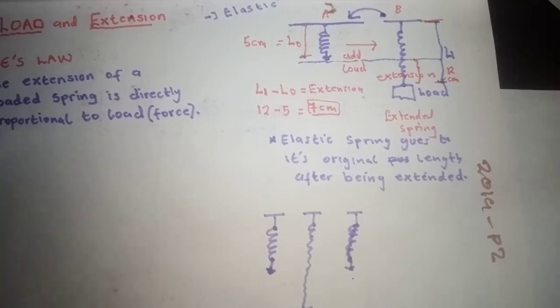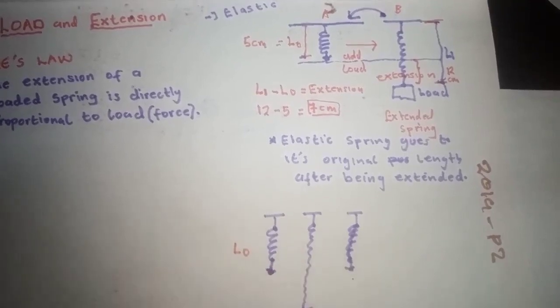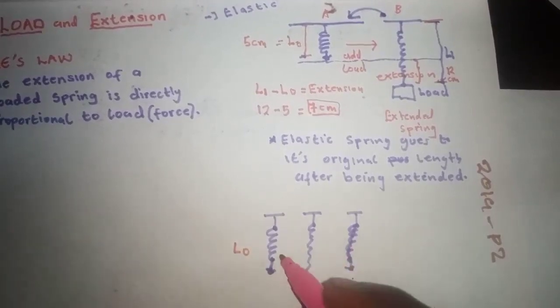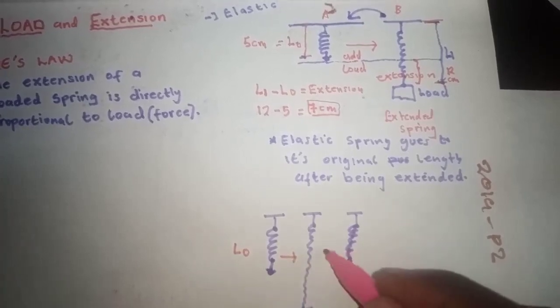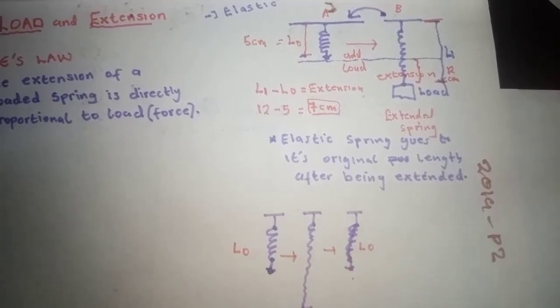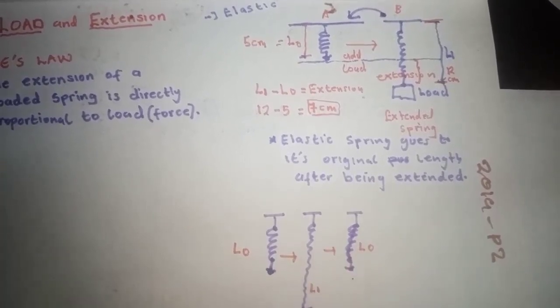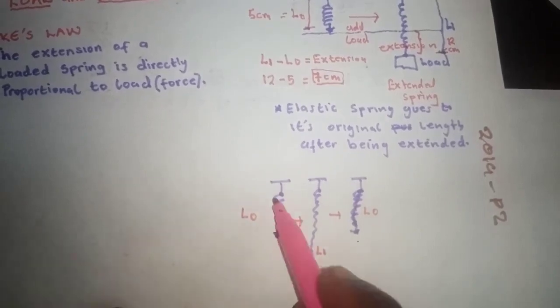So this is its L0, original position, original length. You added a load here, and now you remove the load, it still goes back to L0. This was L1. So a spring without a load, this is its length.